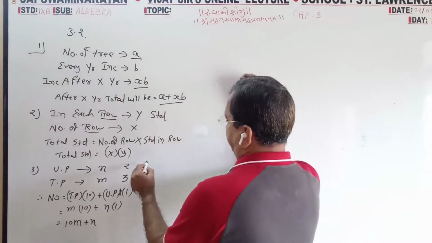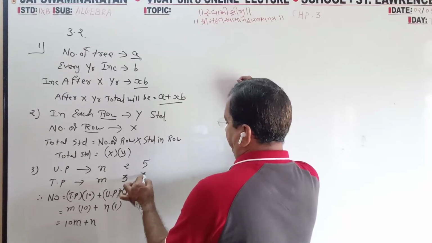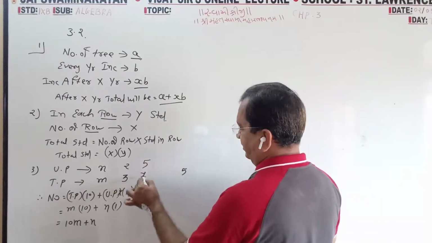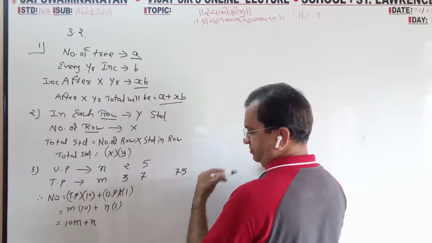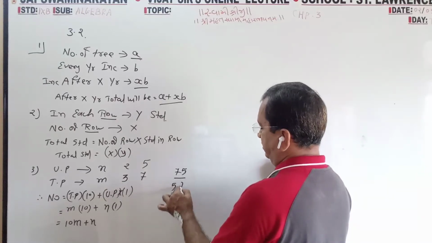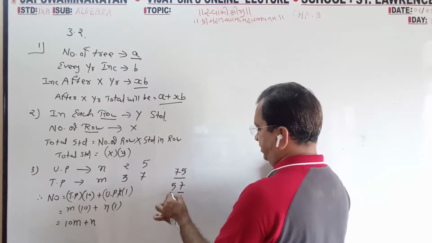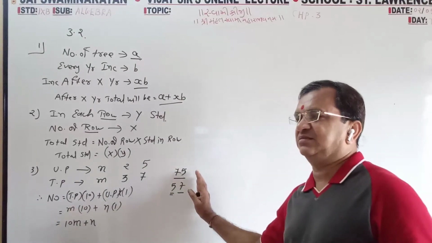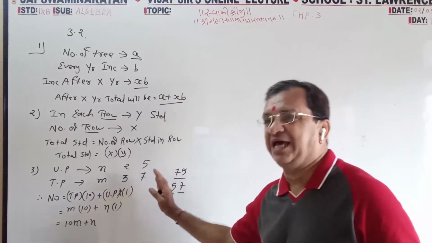Again, suppose it is 5 and 7. So unit place we will write back. 10th place we will write first in front. So it is 75, not 57. In 57, this is unit, this is 10th. Unit place, 10th place, 100 place, 1000 place, 10,000 place, lakh place, 10 lakh place.